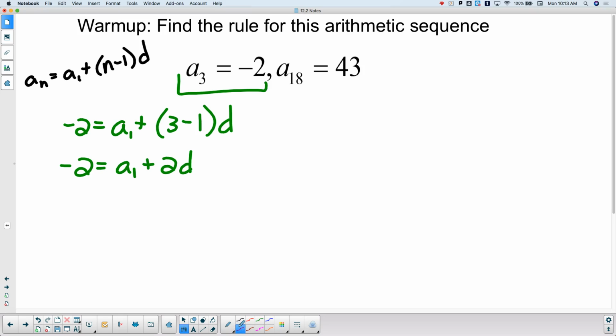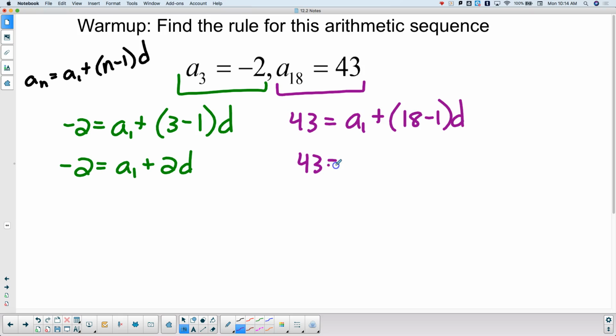Then I'm going to look at this next one, and say 43 is going to equal my first term plus 18 minus 1 times my common difference d. So that's 43 is equal to a sub 1 plus 17d.